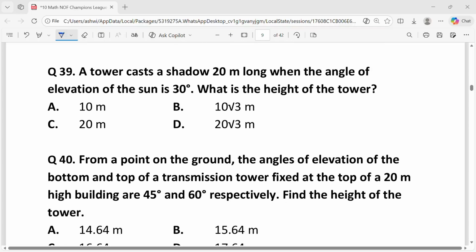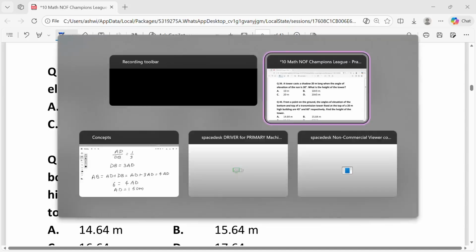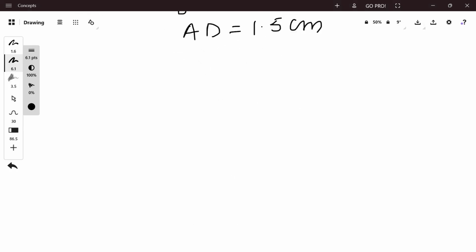Question 39. A tower casts a shadow of 20 meters long when the angle of elevation of the sun is 30 degrees. What is the length of the tower? Let h be the height of the tower in meters. The shadow length is 20 meters. The angle of elevation is 30 degrees.